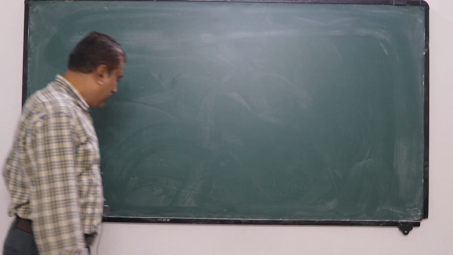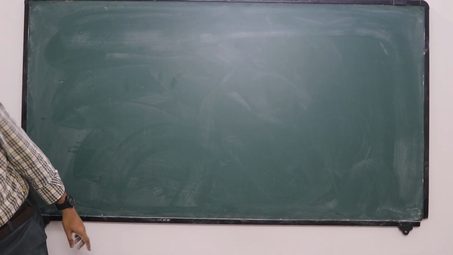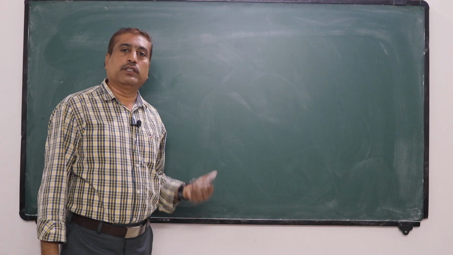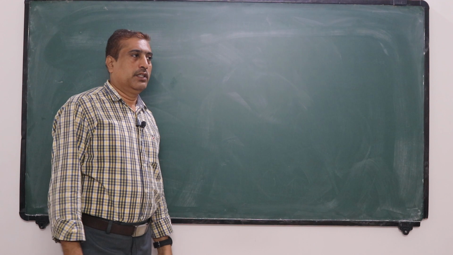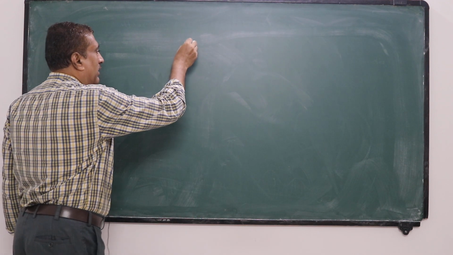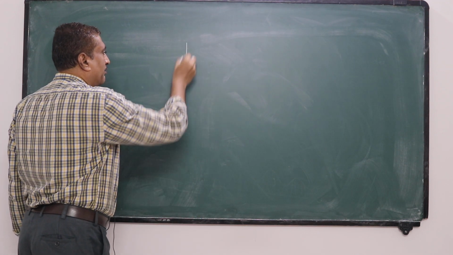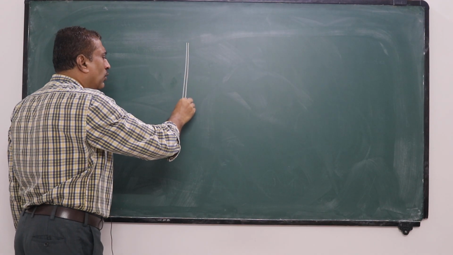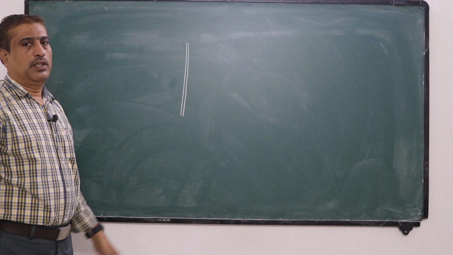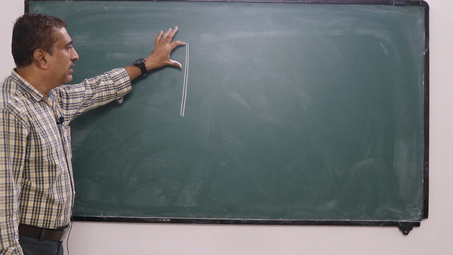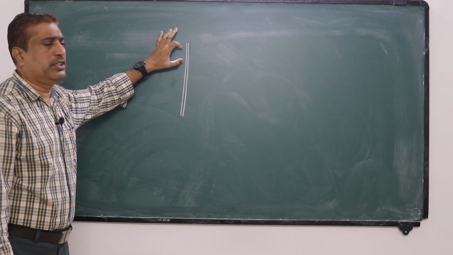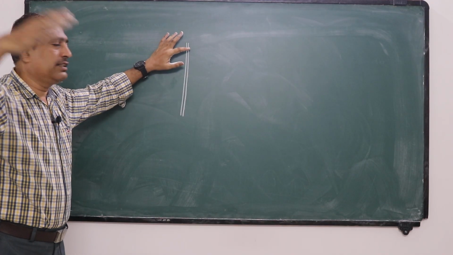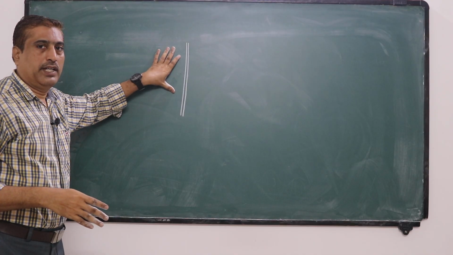Now the next topic is resolution and resolving power. So what is meant by resolution? Suppose I draw two lines very close to each other, and we observe these two lines from a large distance, far from this board.